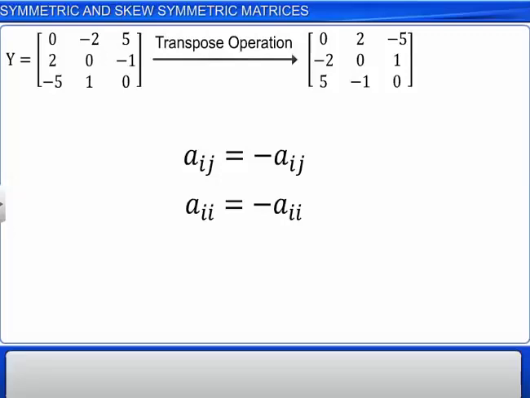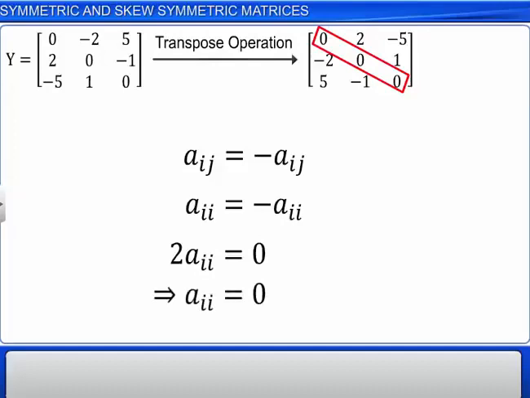Therefore, we have 2 Aii is equal to 0, or Aii is equal to 0. It means that all the diagonal elements in a skew symmetric matrix are equal to 0. This is evident in matrix Y.